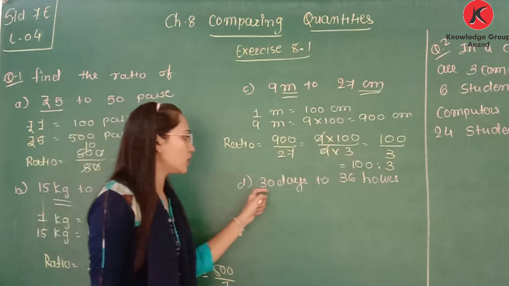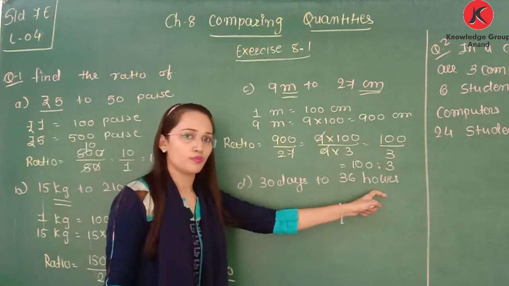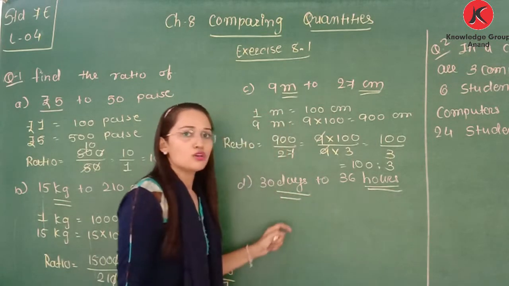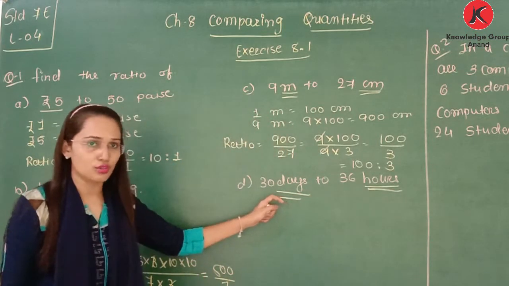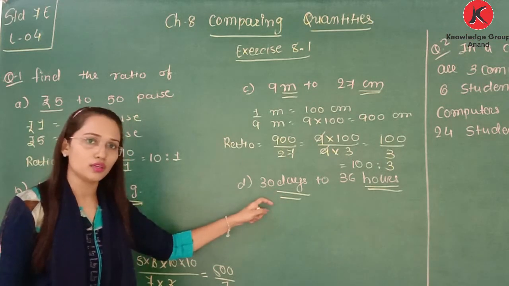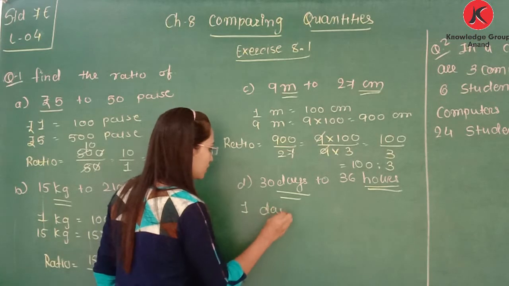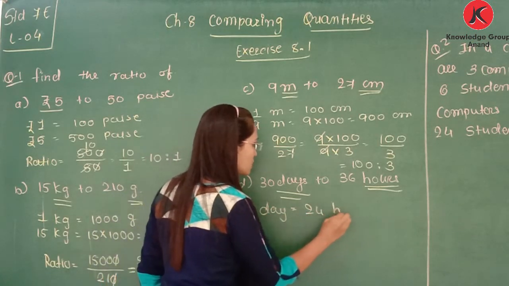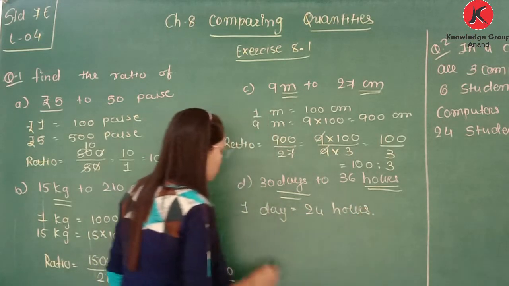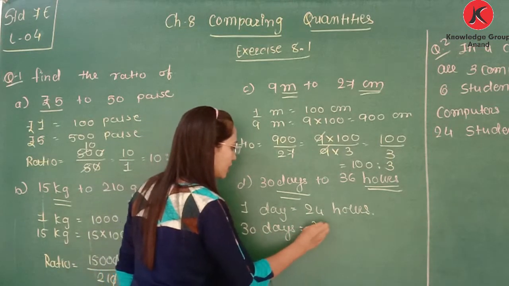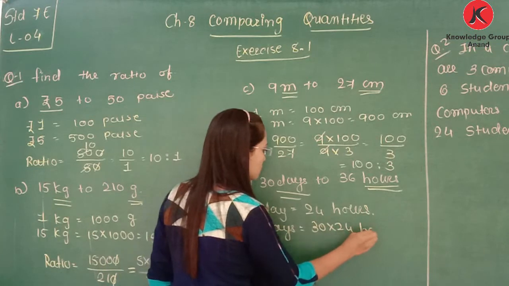Now next one, 30 days to 36 hours. Now in this one you can see the day and hour, 2 units. So day is the larger unit, so convert day into hour. In 1 day, there are 24 hours. So we can write 1 day is equal to 24 hours. So 30 days is equal to 30 multiplied by 24 hours.